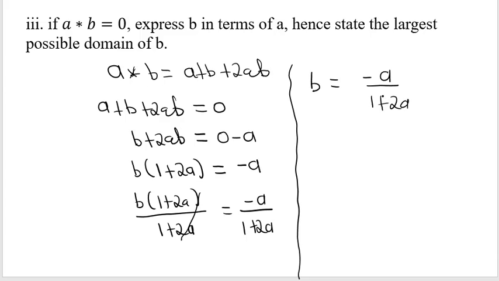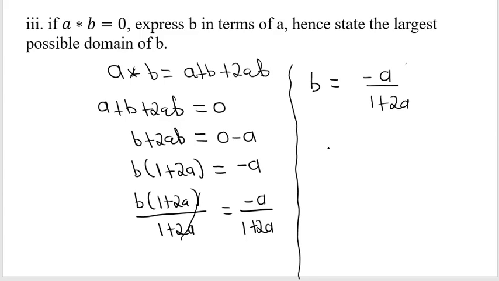Therefore, if we are having a fraction, this fraction in particular is defined only when the denominator is not equal to 0. So what value will make this particular expression to be undefined? Because it's a fraction, we need to get that value.